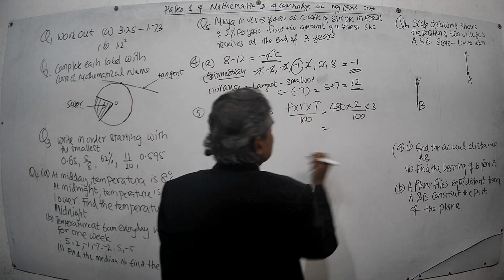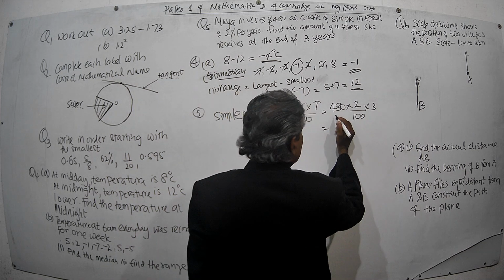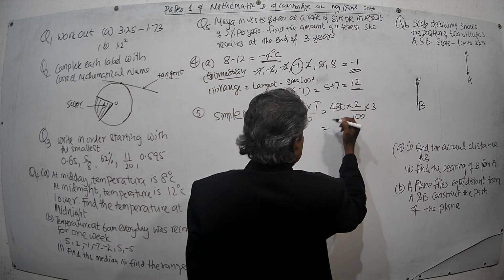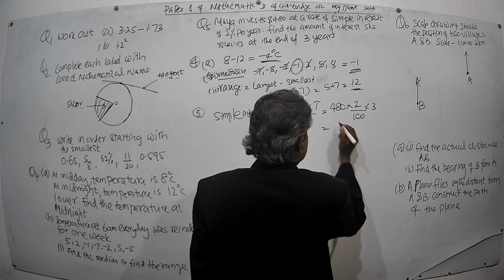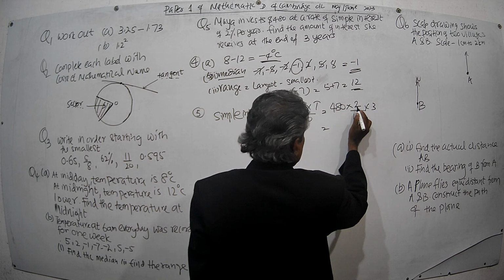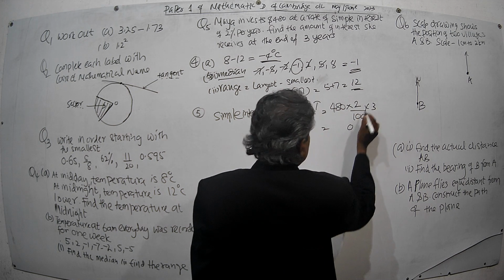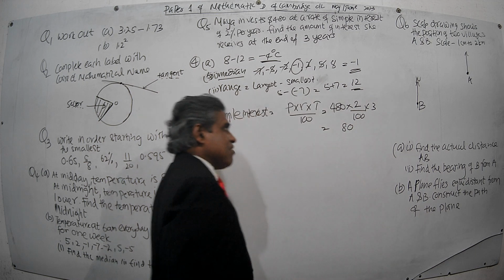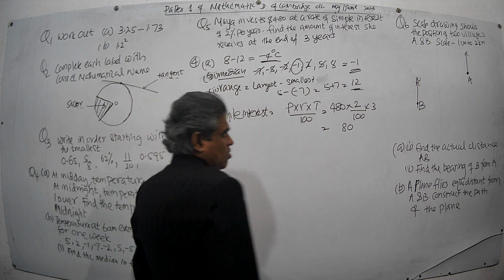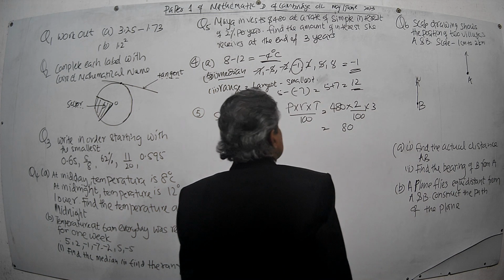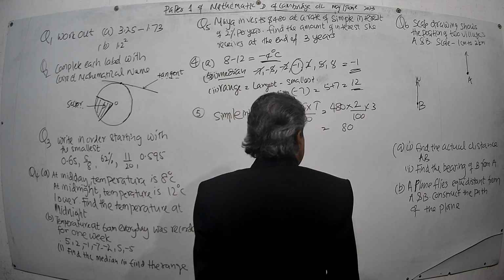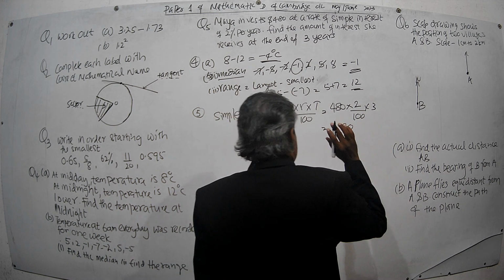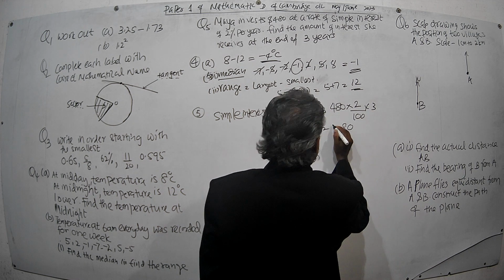Then calculate this one here. 3 times 2 is 6. Then 6 times 0, 0. 6 times 8 is 48. 4 is left. 6 times 4 is 24, plus 4, 28.